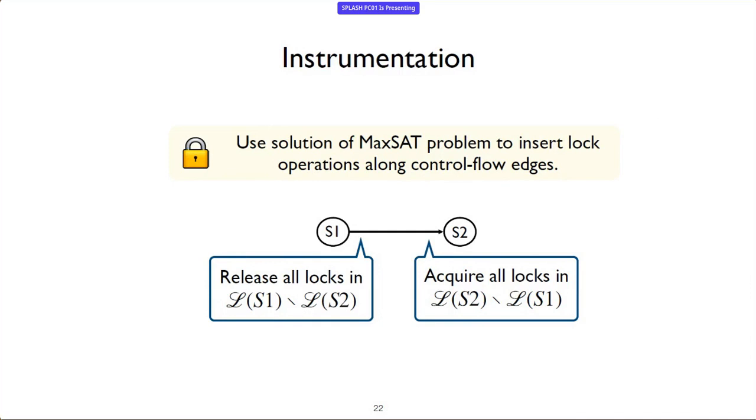So specifically, if there is a control flow edge from S1 to S2, we're going to look at the assignment returned by our MaxSAT solver, and we're going to release all the locks that are needed by S1 but not by S2, and then subsequently, we're going to acquire all the locks that are needed by S2 but not by S1, and of course we're going to do this in the order that's dictated by our static lock acquisition order that I talked about earlier.